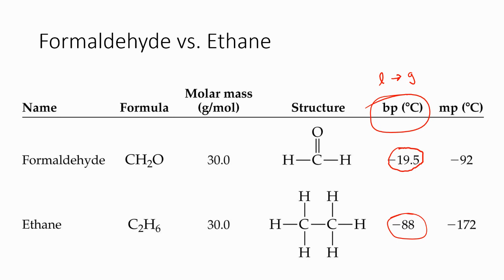If it's much easier, that means the forces that hold the ethane molecules to one another must be weaker. And they are, because London dispersion forces are always going to be weaker than dipole-dipole forces if the molecules are close to each other in size.